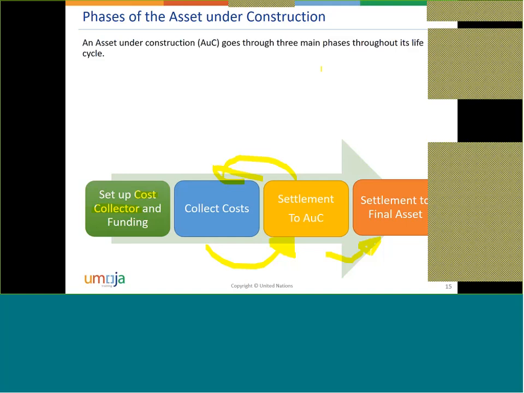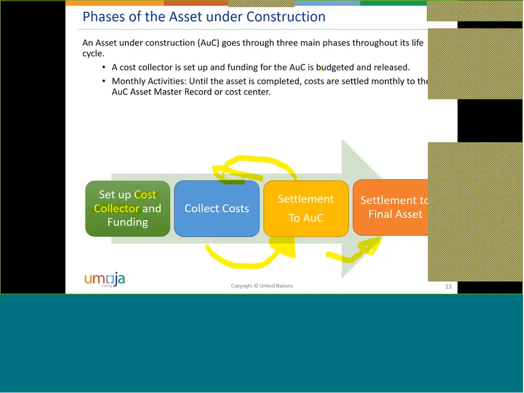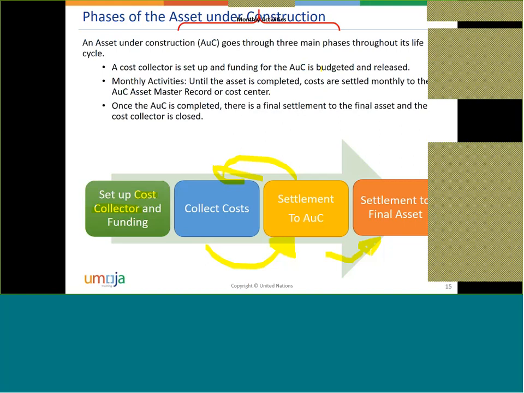So to summarize, you have also here the information. The asset under construction goes through 3 main phases. I mean, it's actually 4, so maybe I have to change the slide. Cost collector is set up and funding for the AuC is budgeted. Monthly activities: until the asset is completed, costs are settled monthly to the AuC. And once the AuC is complete, there is a final settlement to the final asset and the cost collector is closed.